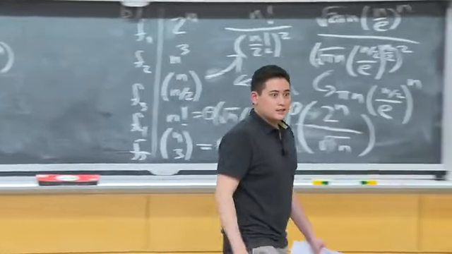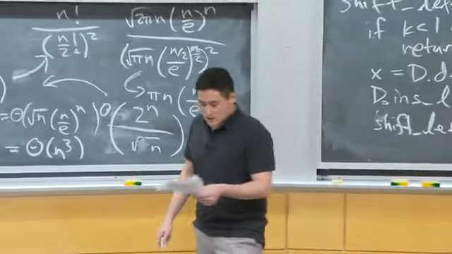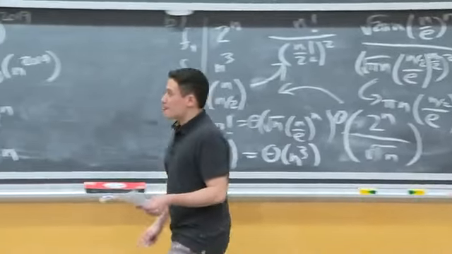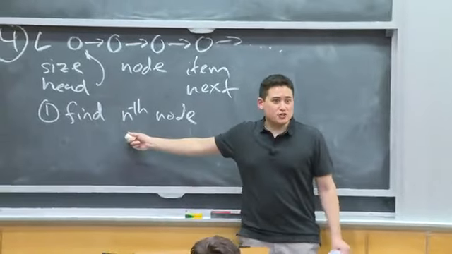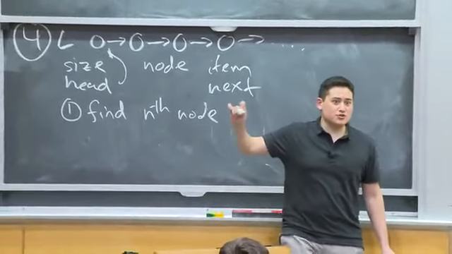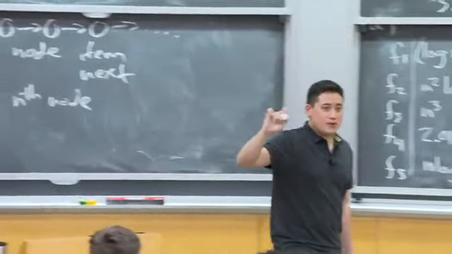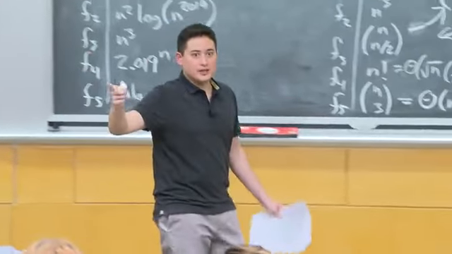Okay? Then I have a second thing that I want to do. What's the next thing I have to do? I have to reverse the pointers of everything after the nth node, right?